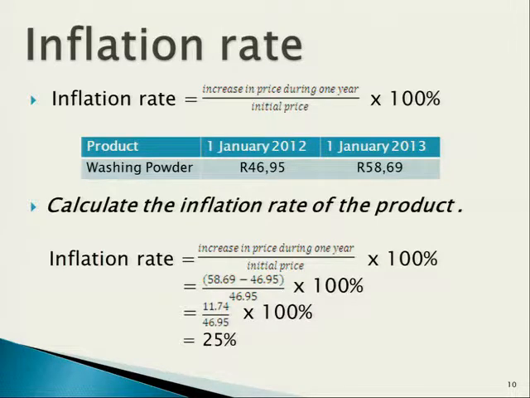But for you in the exams, it is expected of you to be able to calculate the inflation rate. But don't worry, they will give you enough information to be able to do it. Remember my secret. Look what the question gives. Because from that, you will be able to answer it.